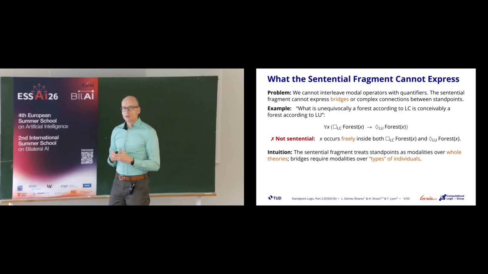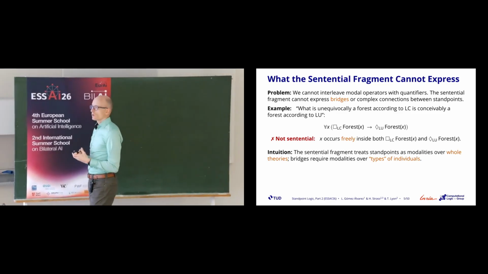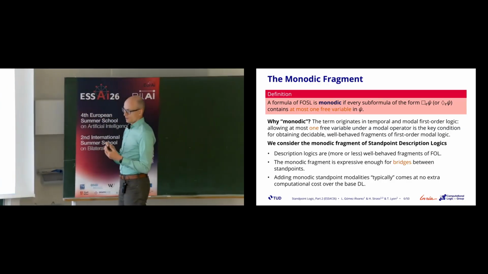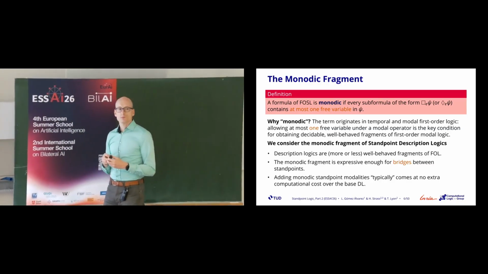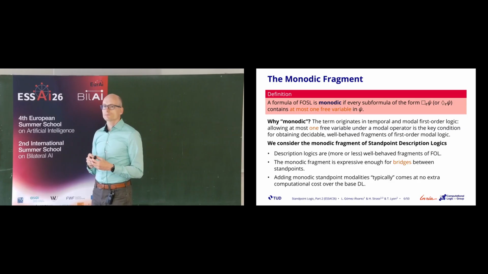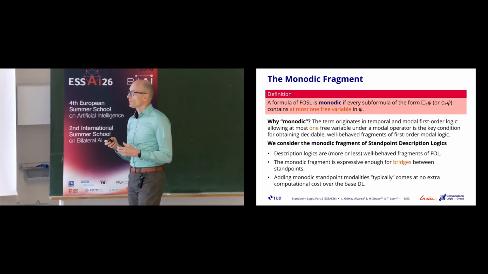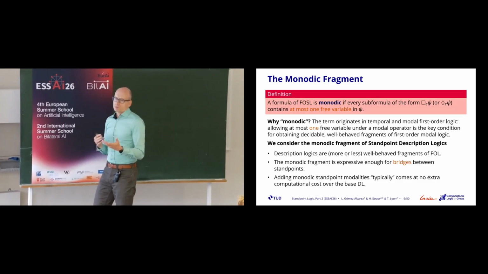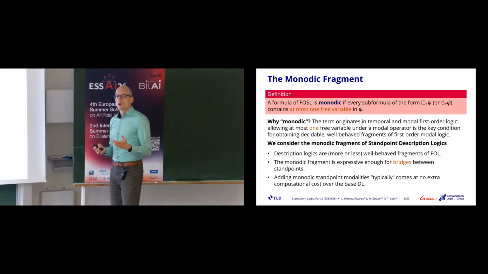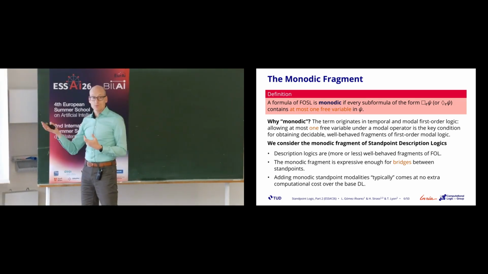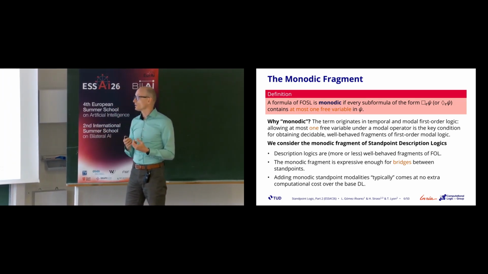Fortunately, people in modal logics, and in particular people studying many-dimensional modal logics, have identified this problem long ago and have proposed one potential solution. Namely, they said, well, we cannot allow an unrestricted number of variables within the scope of modalities.